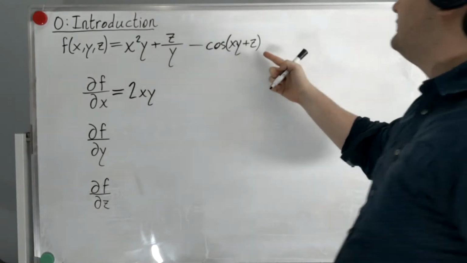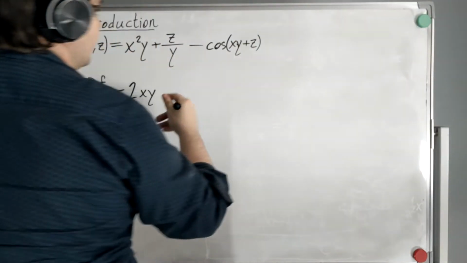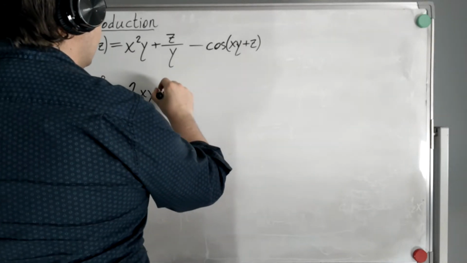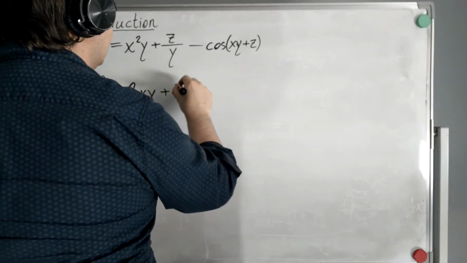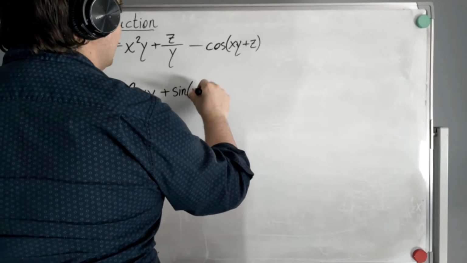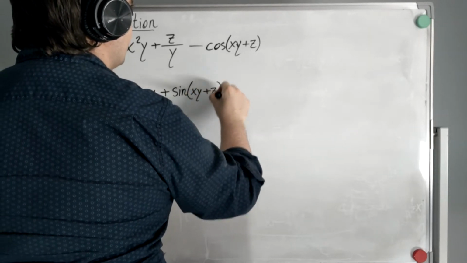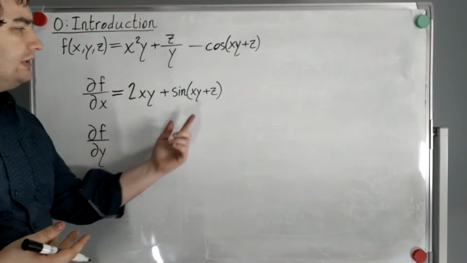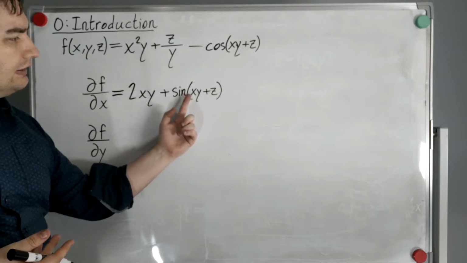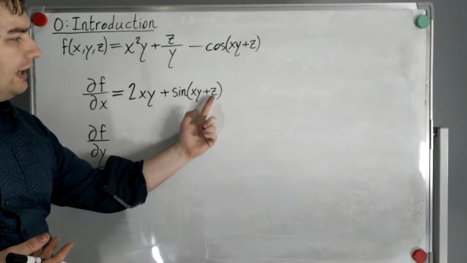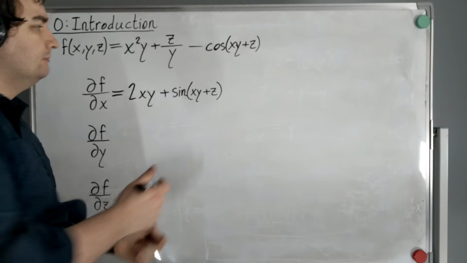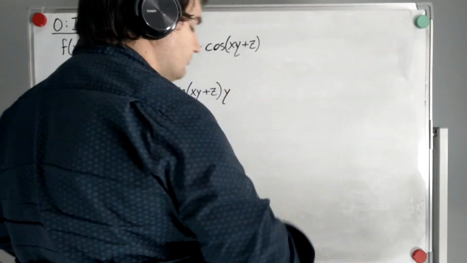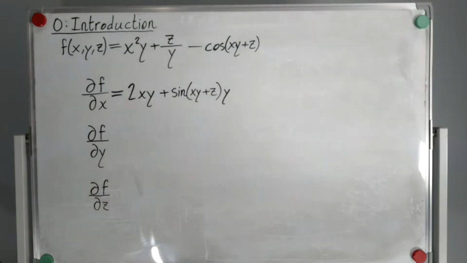And then minus cosine, okay, so we're going to have to use the chain rule here. So we'll get positive sine of xy plus z. And then according to the chain rule, we have to take the derivative of the inside. So the derivative of the inside with respect to x is just y. So we just get that.